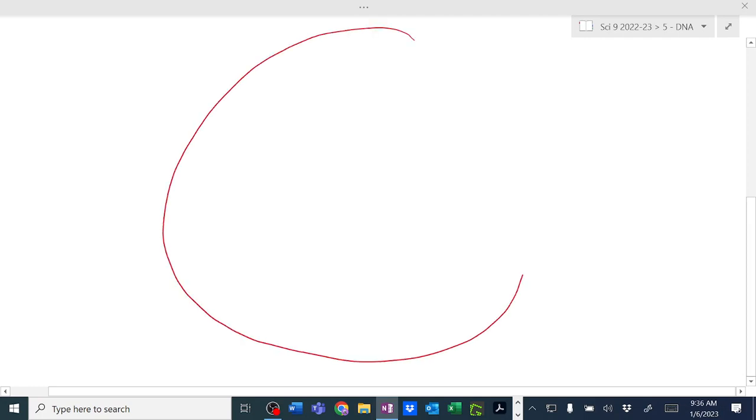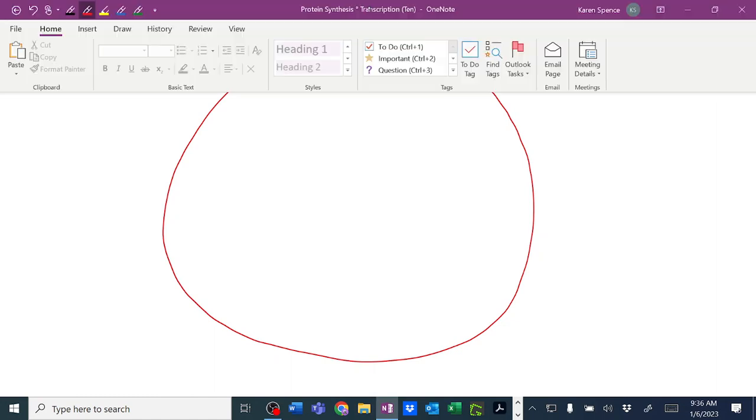So now we're going to draw a cell. And in the cell, actually I should make that bigger because we're going to have to draw stuff in it.